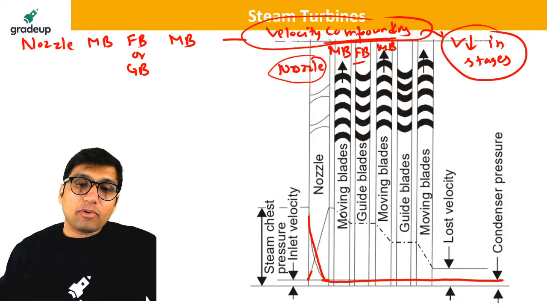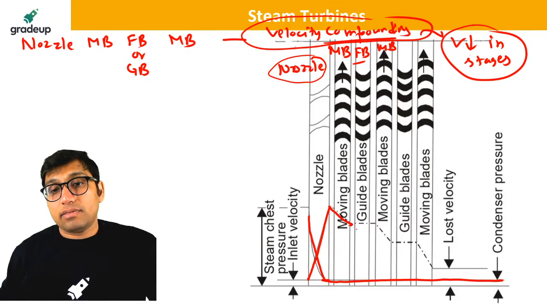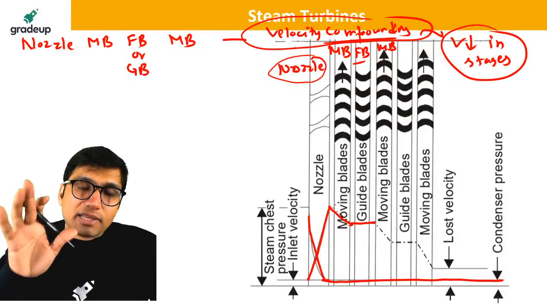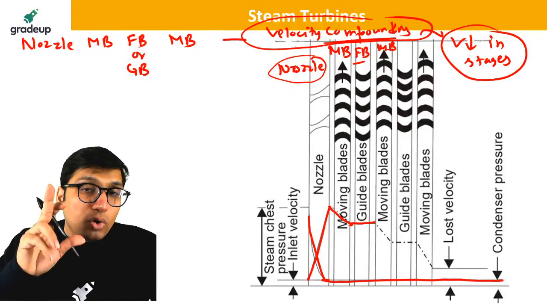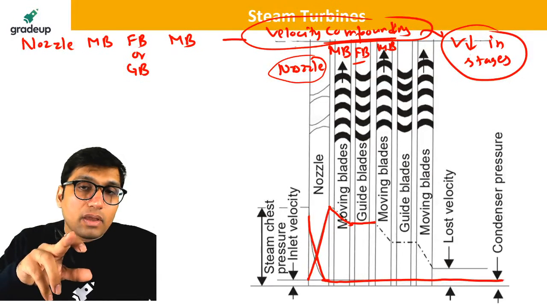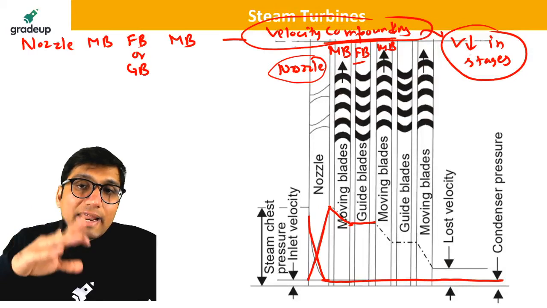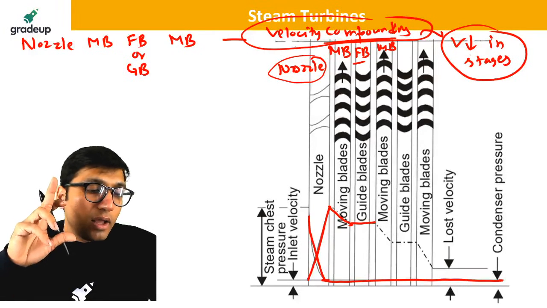So what will happen in the moving blade? In the nozzle velocity will increase, in the moving blade velocity will decrease. Again, the guide blade is not going to affect anything, either pressure or velocity. The only purpose of the fixed blade or guide blade in the velocity compounding turbine is to direct or transfer the steam to the next row of moving blade. So neither pressure nor velocity changes in the guide blade.